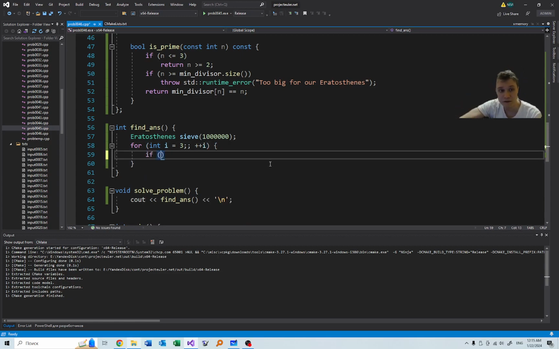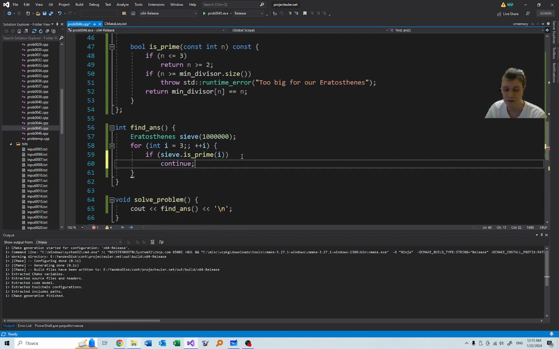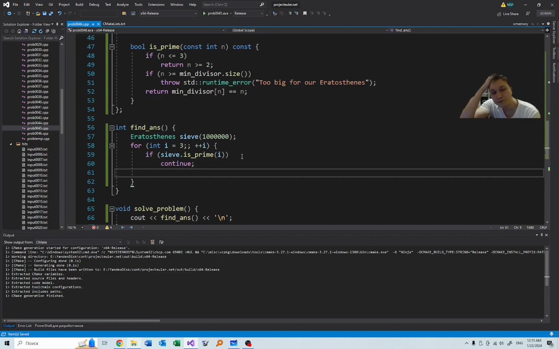First of all, if i turned out to be composite, then we need to continue. If it is prime, then we need to continue. Also, let's go through all primes.